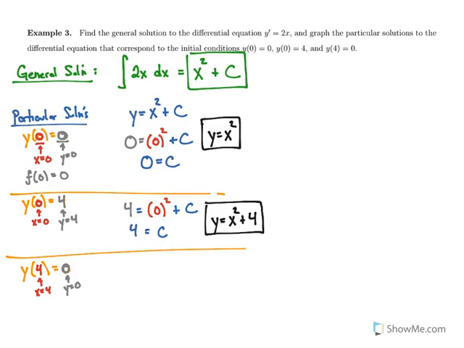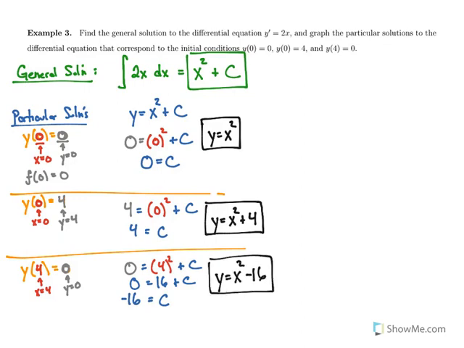So plugging this in, we get 4 squared, 0 on the other side, plus c. That's going to be 0 equals 16 plus c. This is going to be c is equal to negative 16. So y is equal to x squared minus 16.